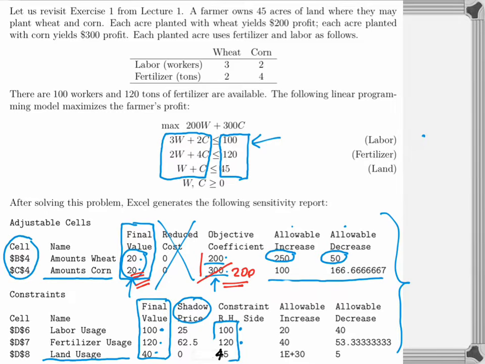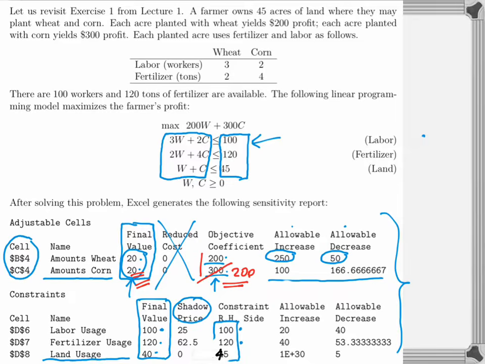When your constraint is like one of these, where they're representing a limited resource, in this case labor, fertilizer, or land, the shadow price has an economic interpretation that is the following. It is the marginal value of having an extra unit of that resource. So for example, if I had one more unit of labor, I don't need to resolve this model to tell you the following.